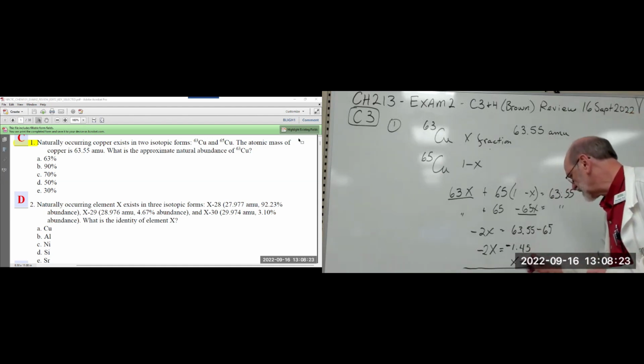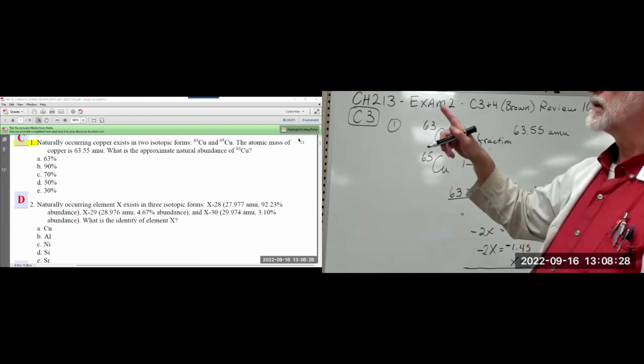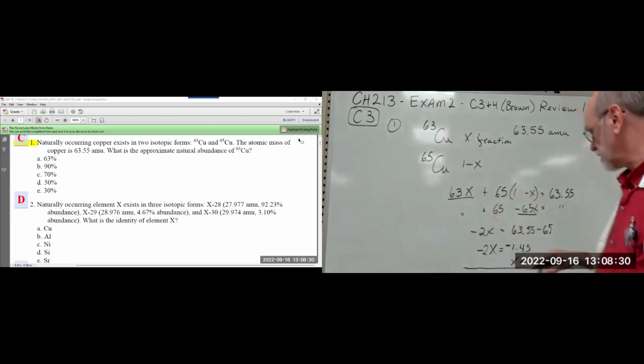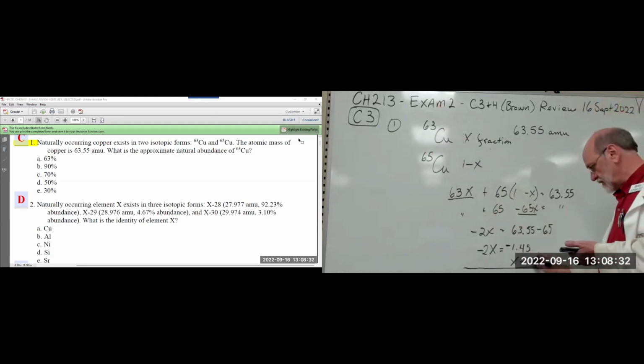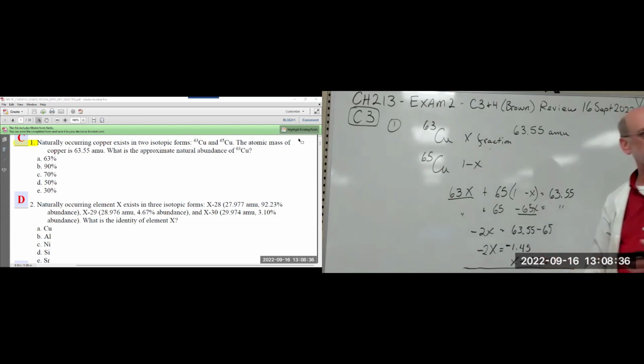So the fractional abundance of 63, if that was the question. Yes. The fractional abundance is 0.725 or 72.5%. And the closest one to that is C, 70%. Okay, so we had to use a little algebra.